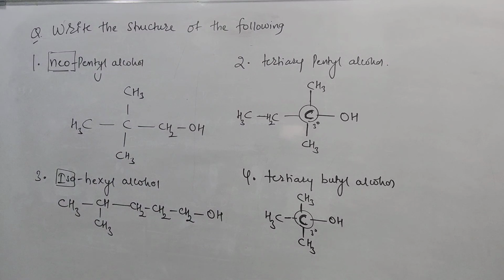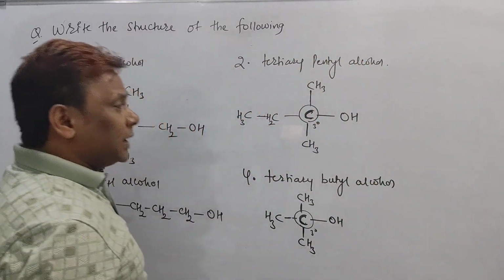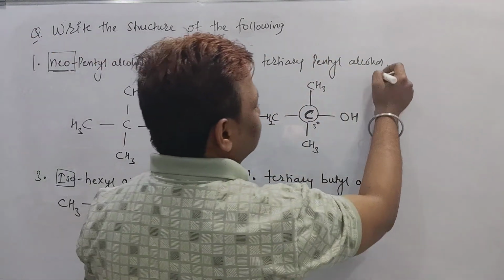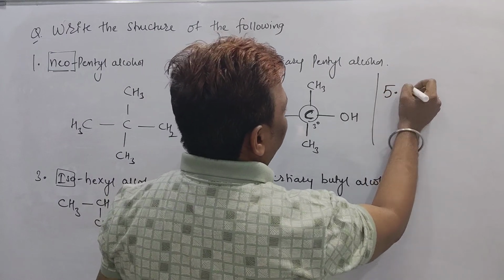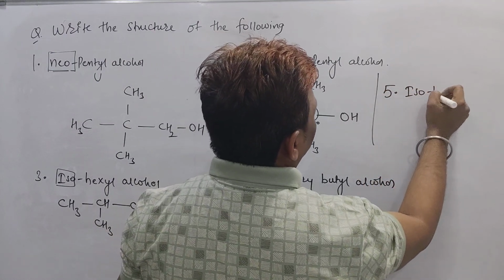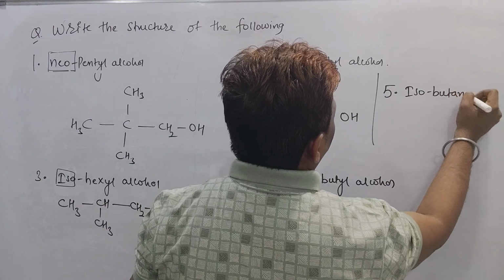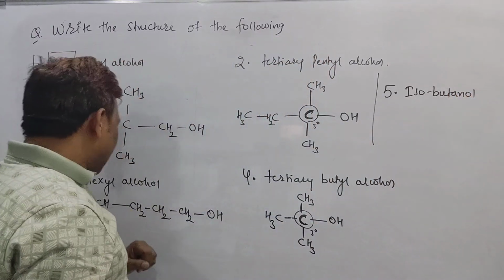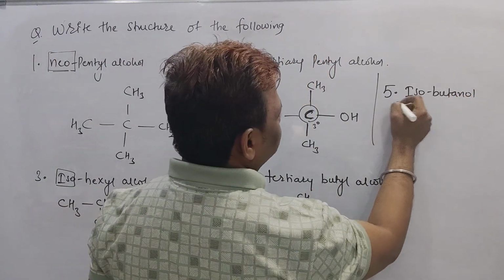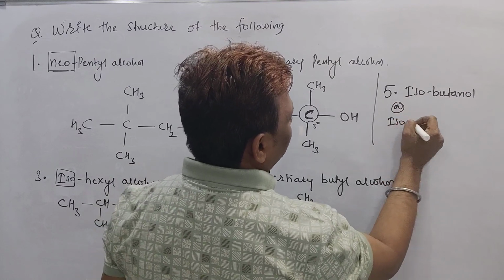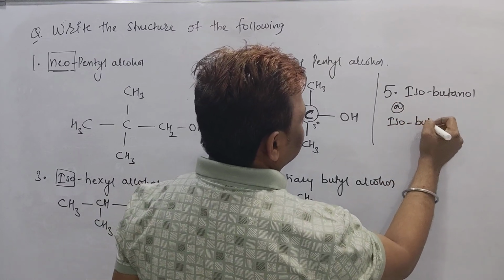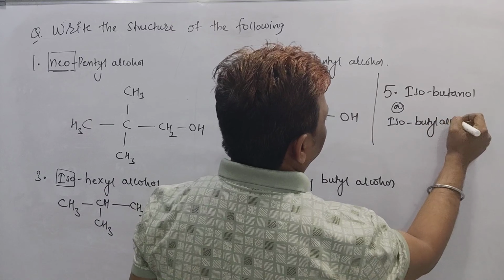But one more example, they are asking us to write isobutanol. This is the fourth one, but I am going to write the fifth one. So what is isobutanol? I will tell you, isobutanol is nothing but isobutyl alcohol. So that is butyl and alcohol.